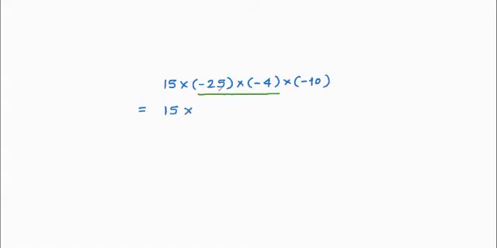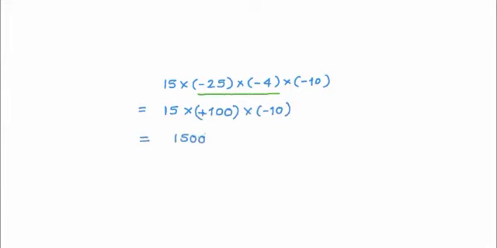Let's multiply the weights. 25 into 4 gives us 100, and two negative numbers, an even number of negative numbers, gives a positive sign to the answer. So plus 100 multiplied by minus 10. And now we can multiply 15 into 100, which is 1500.